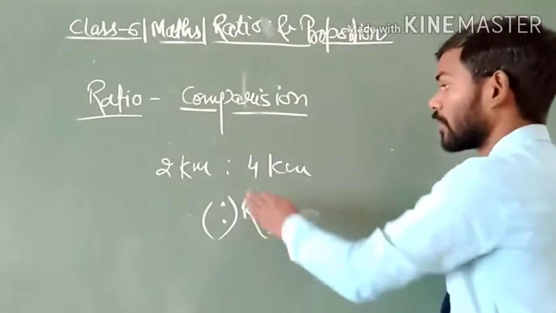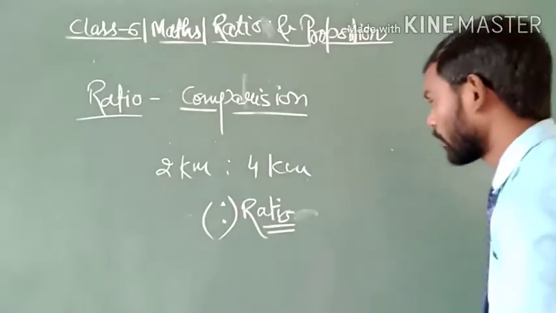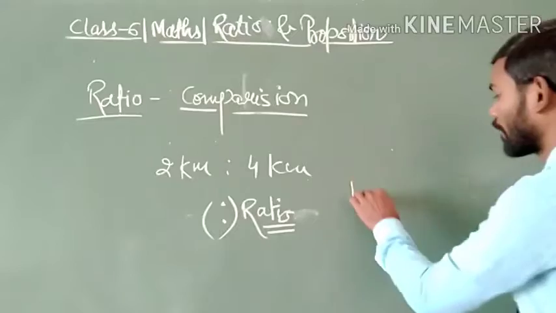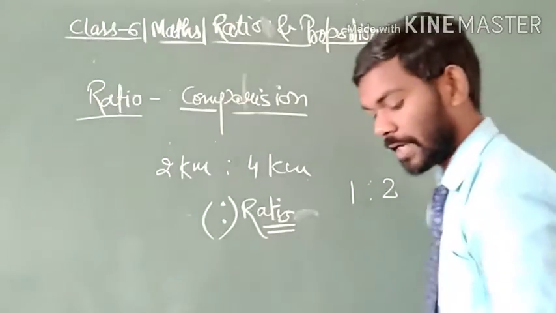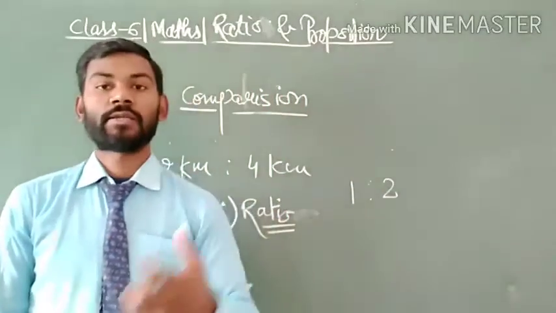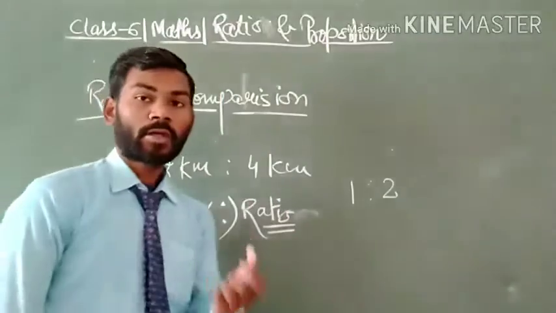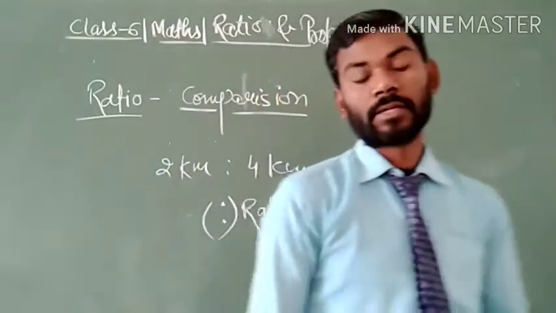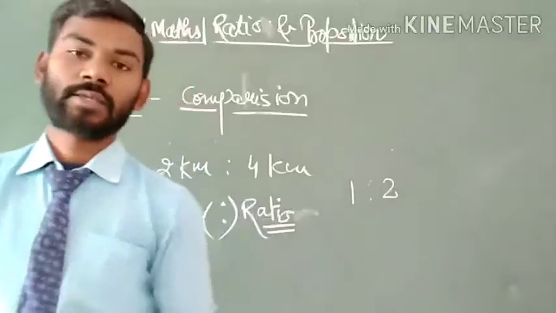If we find the ratio of these two distances, we find that when I move 1 kilometer, my friend moves 2 kilometers, which means that my friend moved twice as much as me. So the concept of ratio gives an idea about comparison: how much more, how much less.